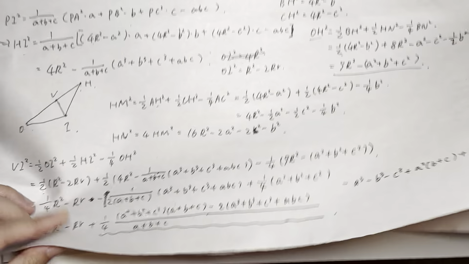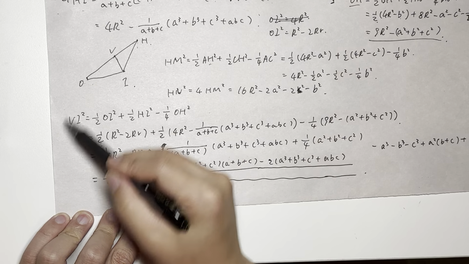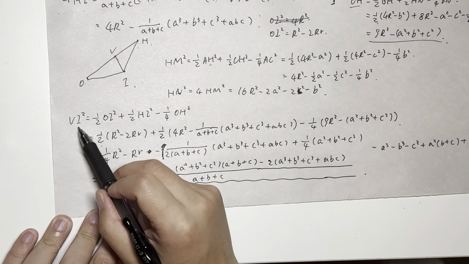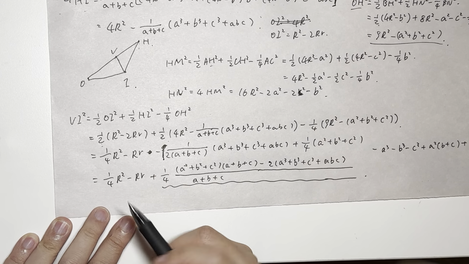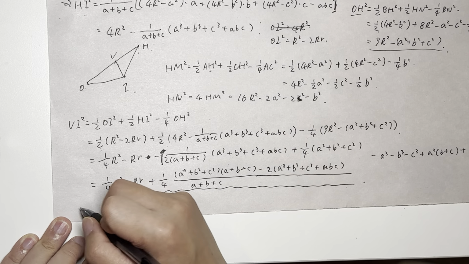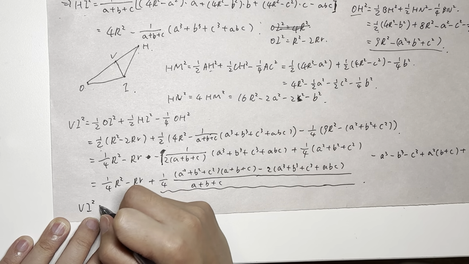Right, so for here, if we do a forward proof, it's kind of difficult, but let's do a reverse proof. Look at this one. We want to find VI squared, but what is eventually we want to do? We want to prove that VI squared equals 2.